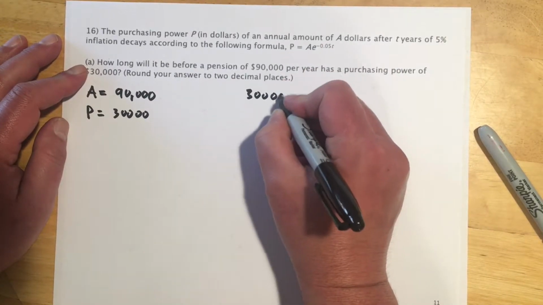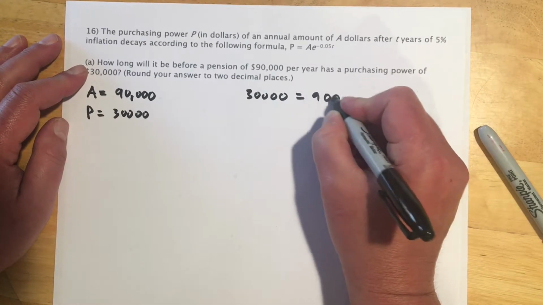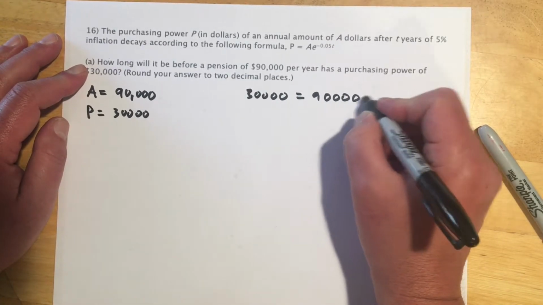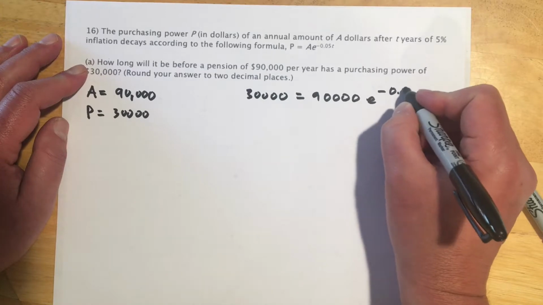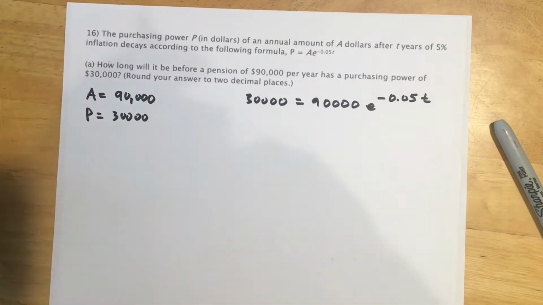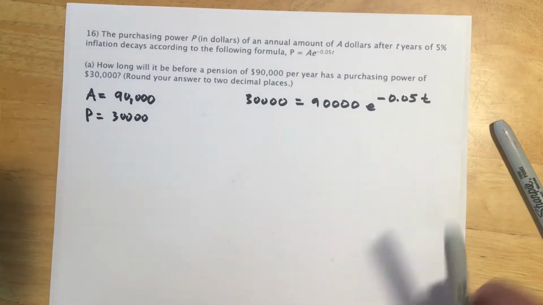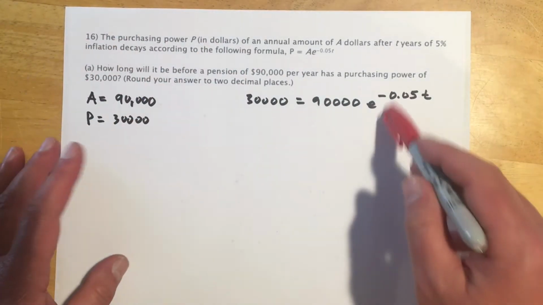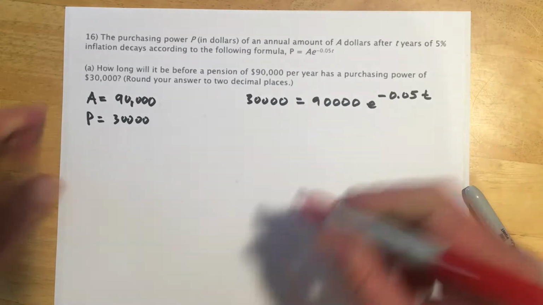So 30,000 equals 90,000 e to the negative 0.05t. So t is what we're trying to solve for. And so first thing I'll do, since it's an exponential, I'm going to isolate the exponential. This is what we just did in the first part.